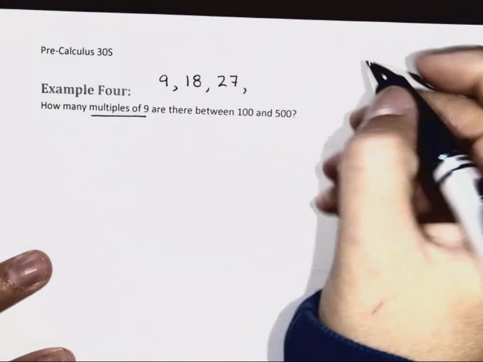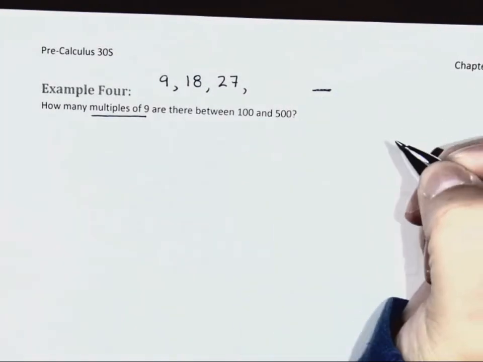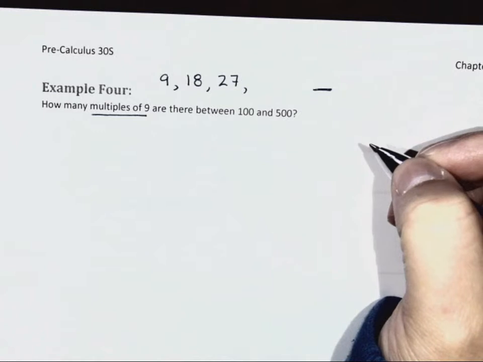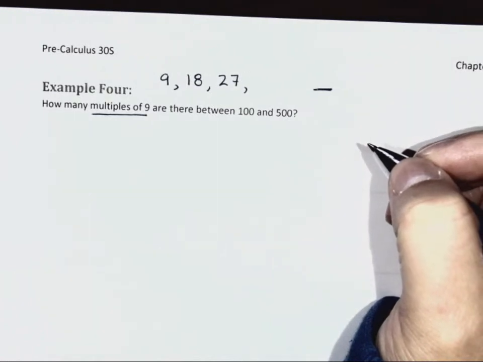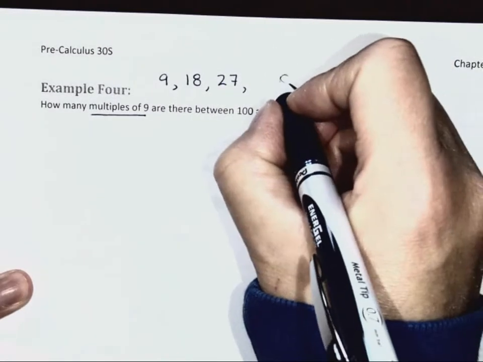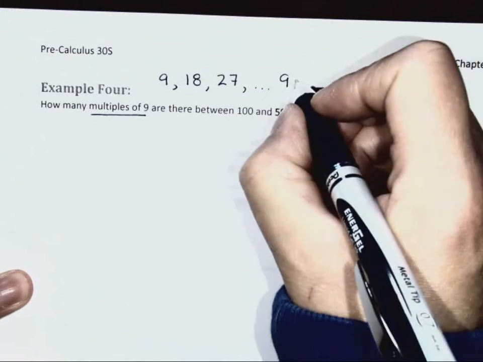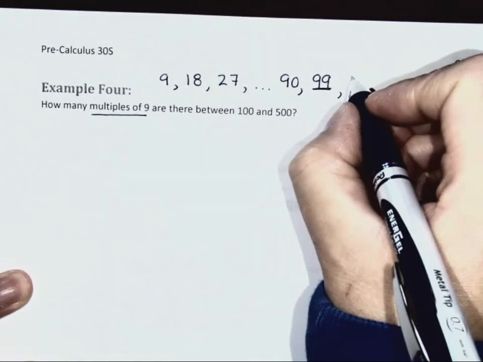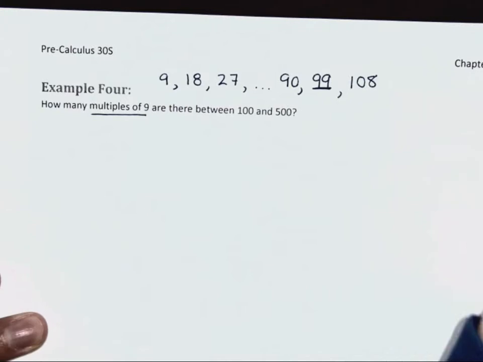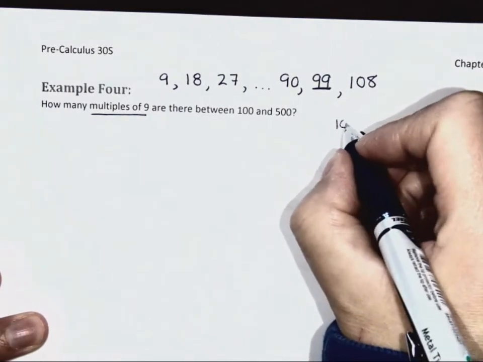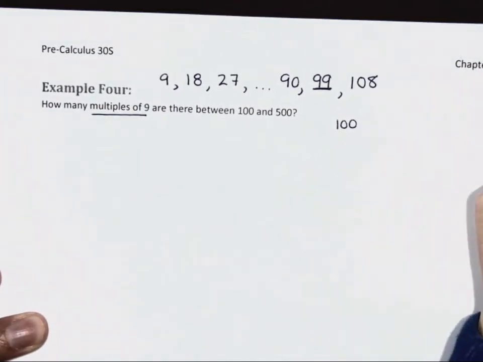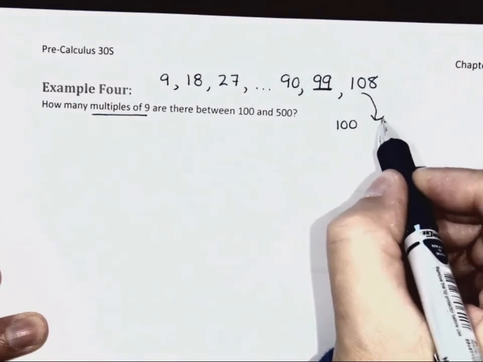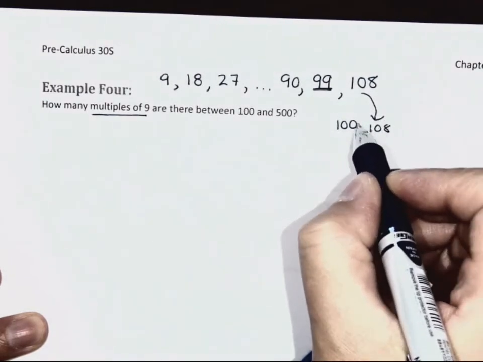But I've got to figure out which ones are less than 500 but greater than 100. So we'll put some ellipses in there. 90, 99. What comes after that? 108. So if my boundaries are 100 and 500, my first multiple is 108.